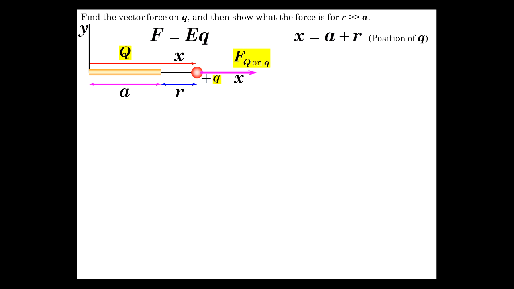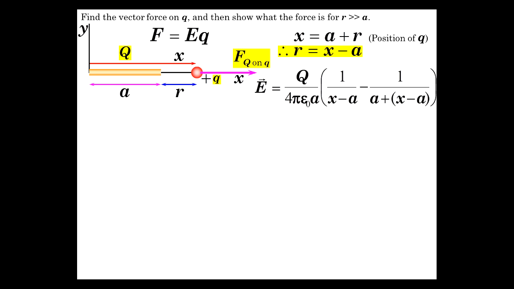Okay. So that's where Q is. So r then is x minus a. So the E field is what we had before, but now when we have r, we're replacing it with x minus a. So k, q over a, 1 over x minus a, minus 1 over a plus x minus a. That's that r. And of course, these two things go away.